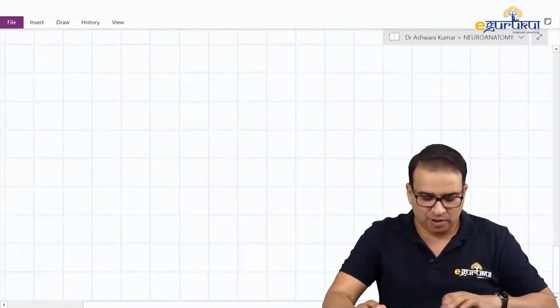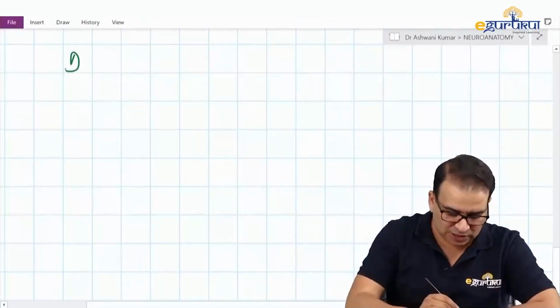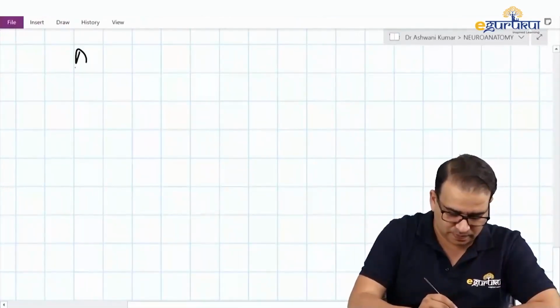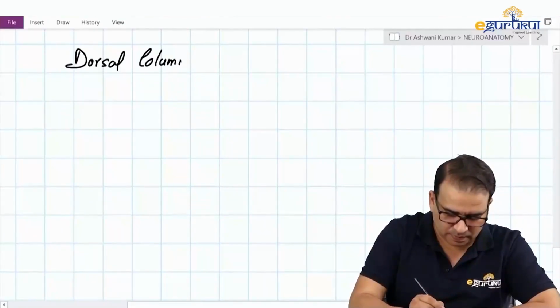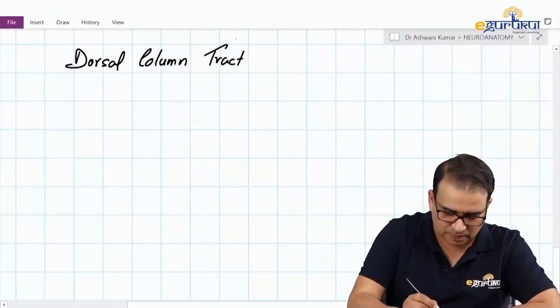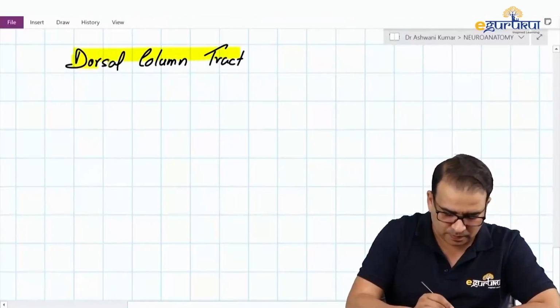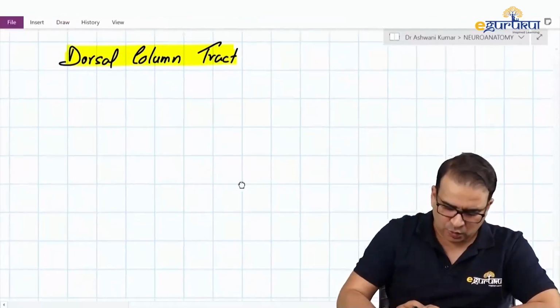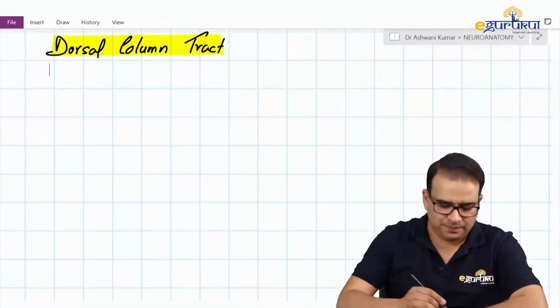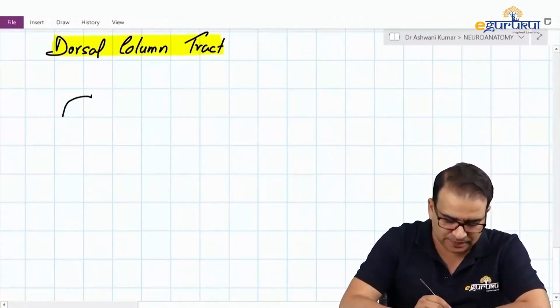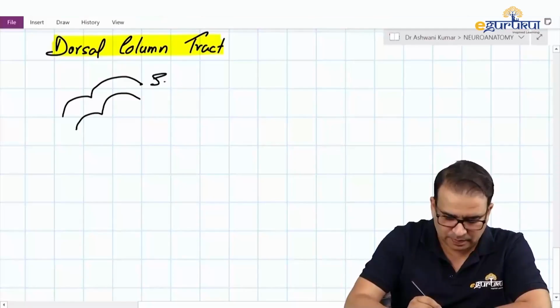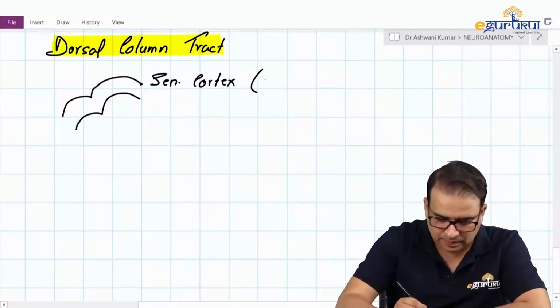So the second important major tract we're discussing here is the dorsal column. Once again, we're going to draw the same plot, guys. The sensory cortex here, areas number 3, 1 and 2.